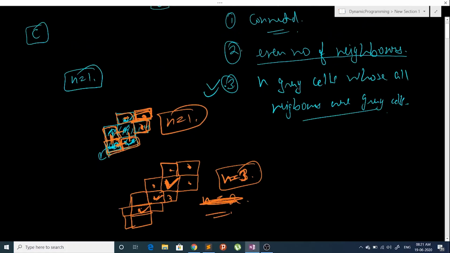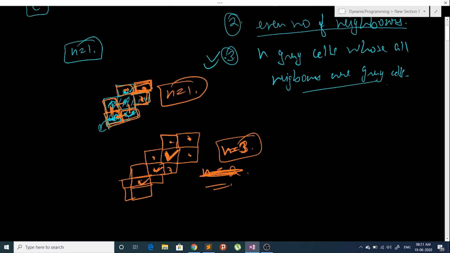Now we can implement it by storing the solution for n and then extending it further.